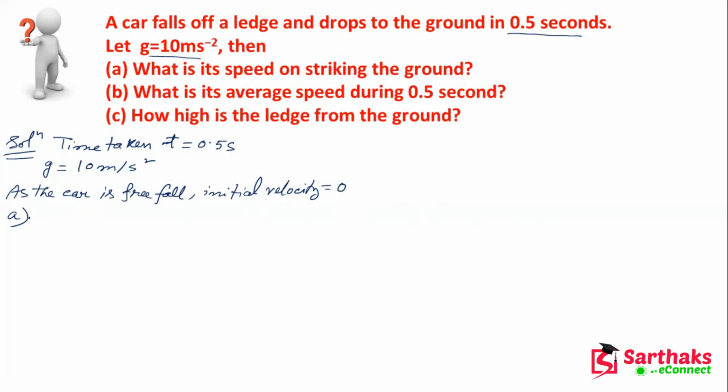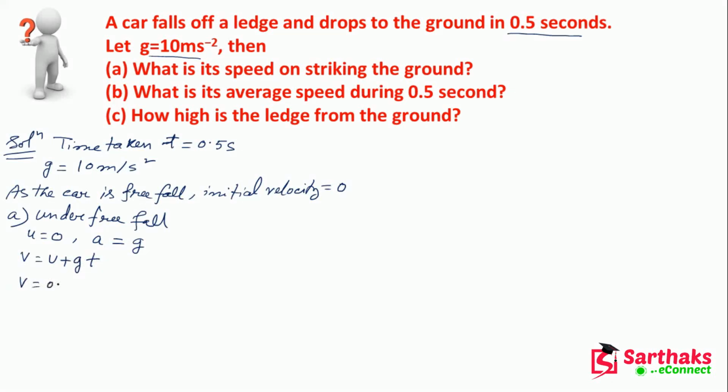Fine. So under free fall, u equals 0. Acceleration is g. So v equals u plus gt.